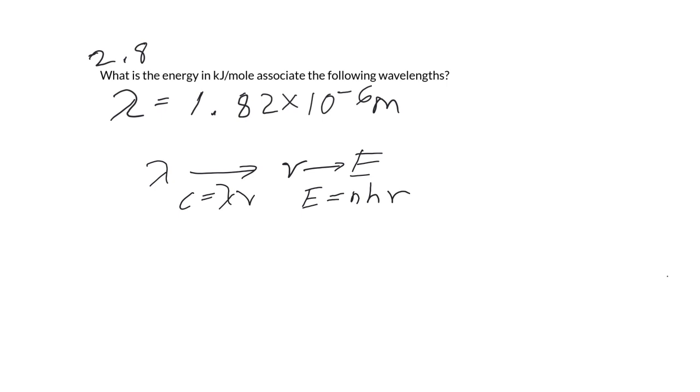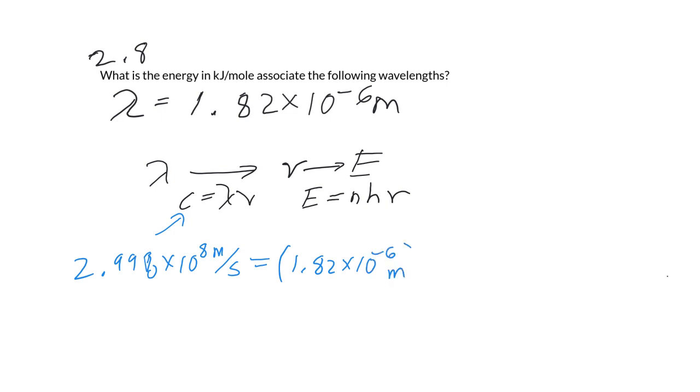So let's do our first step right here. Speed of light, 2.998 times 10 to the 8 meters per second equals 1.82 times 10 to the negative 6 meters times frequency.